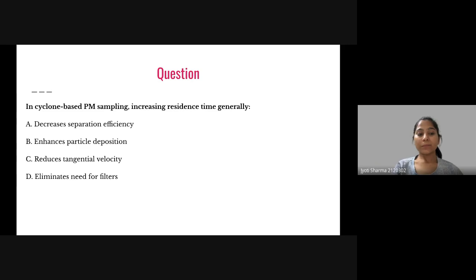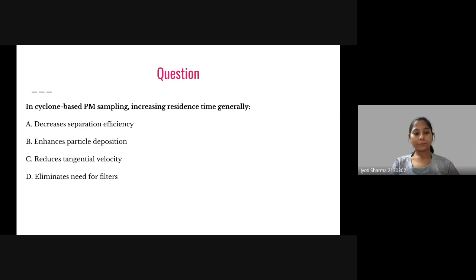In cyclone based particulate matter sampling, if we are increasing the residence time, then what will happen? Decrease separation efficiency, enhance particle deposition, reduce tangential velocity, eliminate need for filters. Yeah, B answer is the right one.